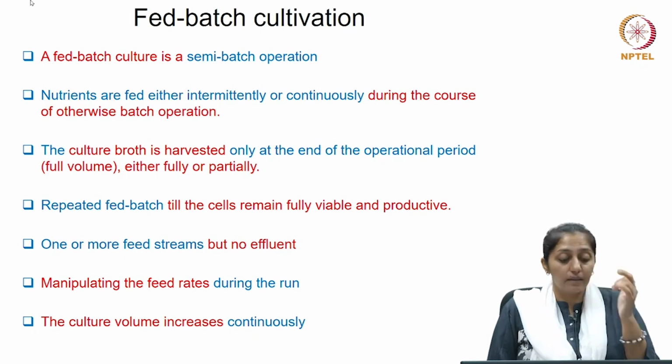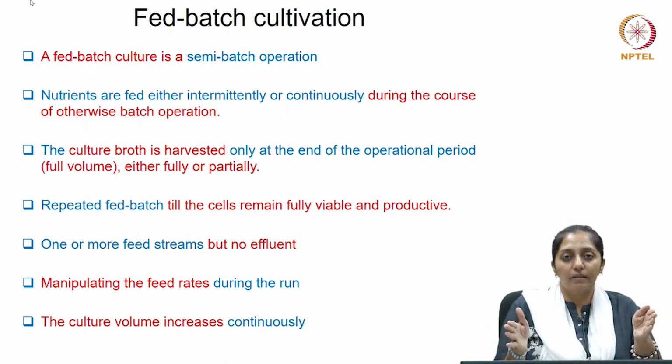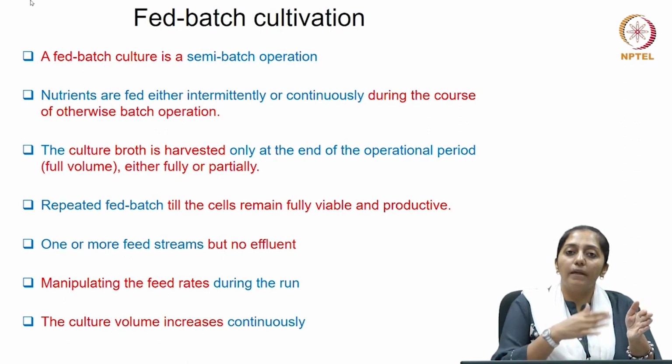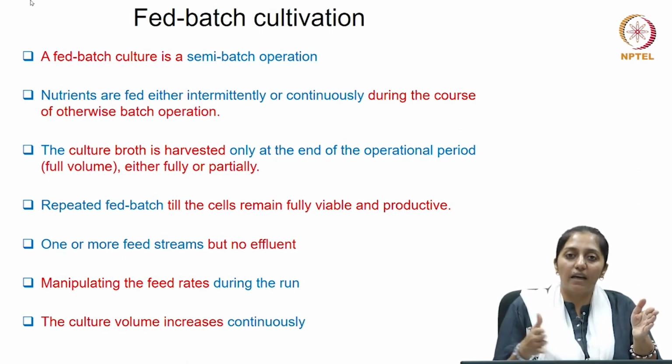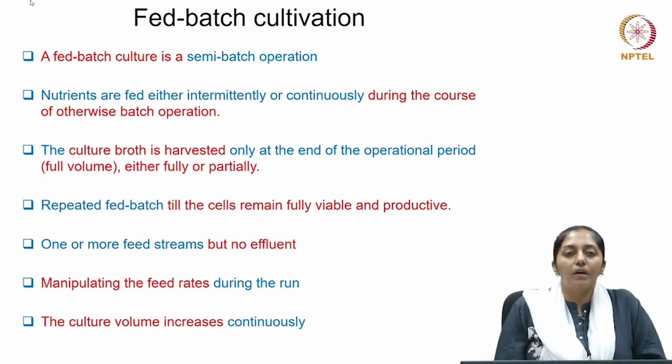This means that the nutrients can be fed after an interval of time inside a reactor once it starts, or it can be fed continuously as the reactor is running till its harvest. So this kind of feeding is called fed batch feeding. Now the culture broth is harvested only at the end of the operation.